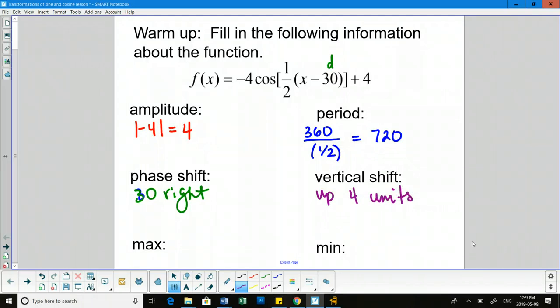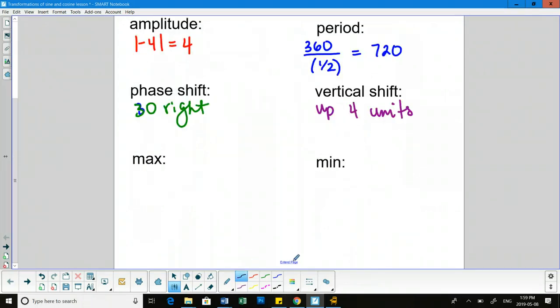Lovely. And then how about our max and our min? We talked about kind of like a picture of what can help us get max and min. So what helps us with that? Olivia? Yep, so what are we counting up from and to? We're counting up 4 from 4, that's right.